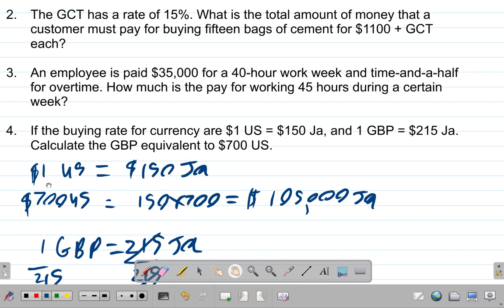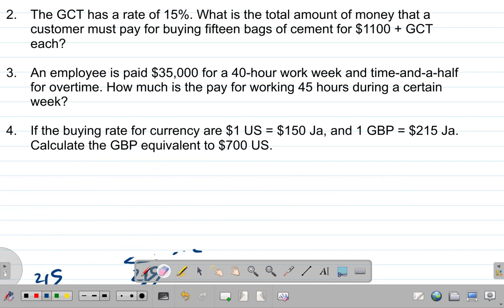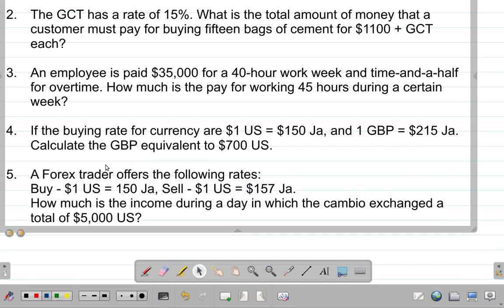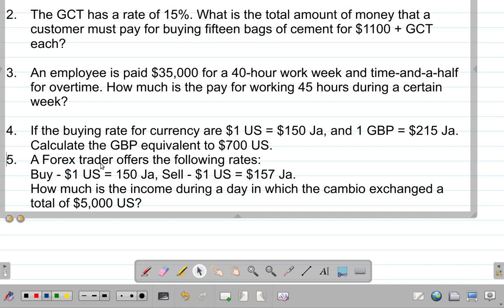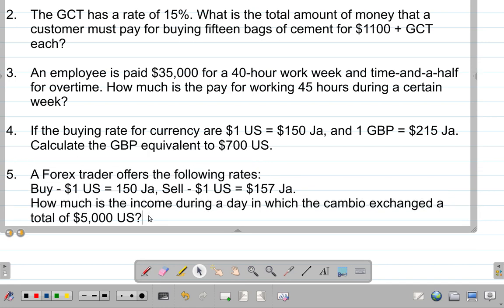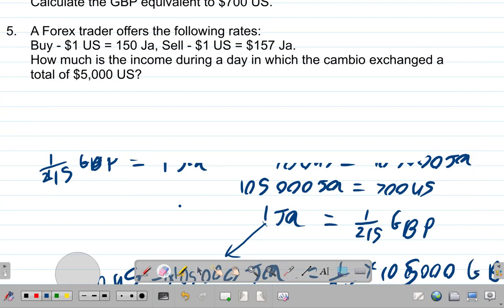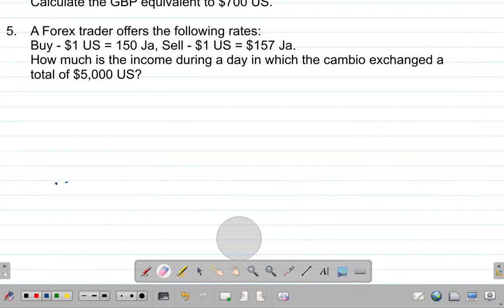Alright, let's look at the last question. Let's bring it up. Alright, here it is. Here, let's erase some of these things that we have below.